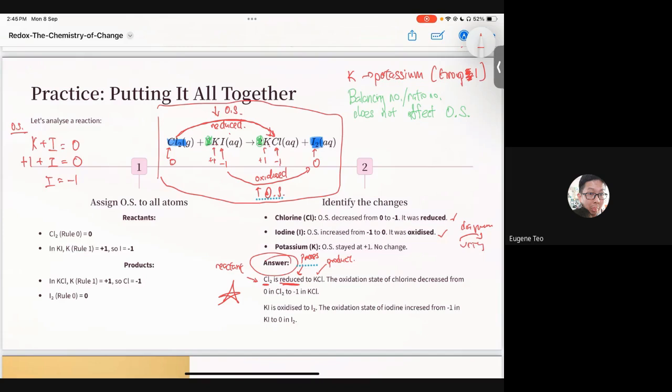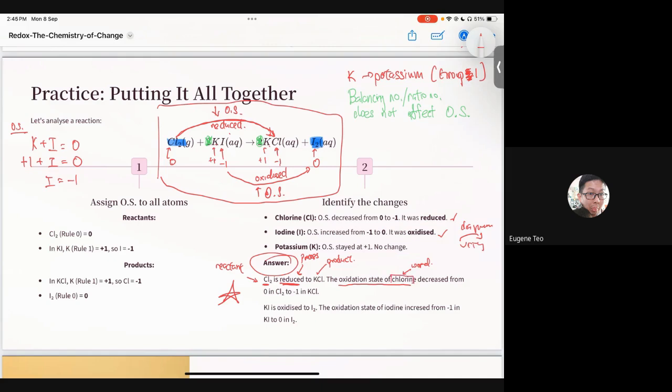Next part here, let's explain further. How do I know that it's reduction? It's because the oxidation state of chlorine. Now take note, I write this in word. I don't use the formula Cl. I use the term chlorine. So you realize I'm very specific. I did not use the chemical symbol or chemical formula here. I use the term chlorine over here.